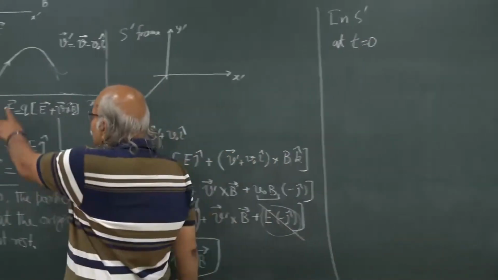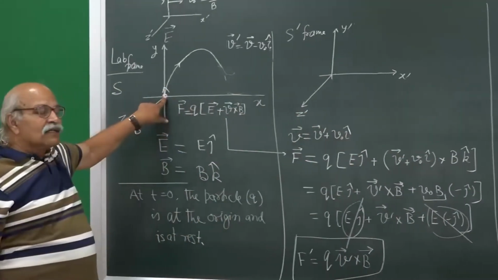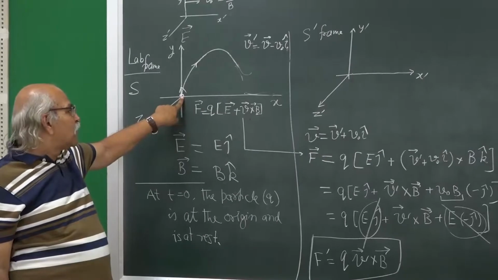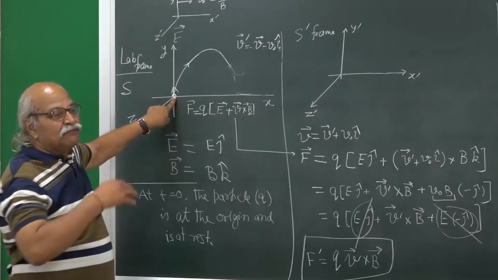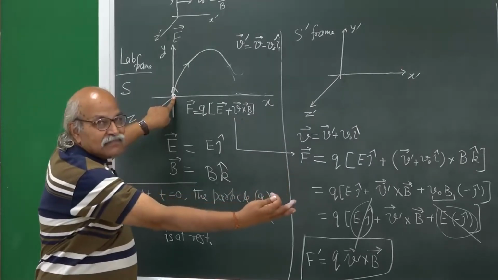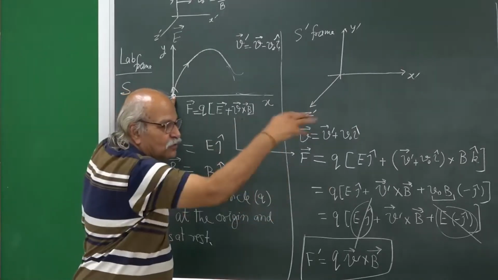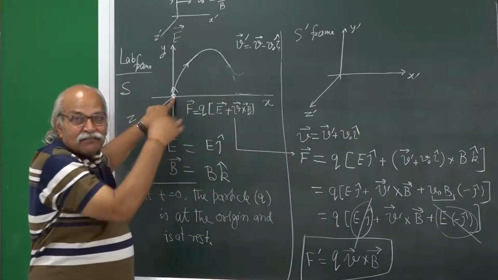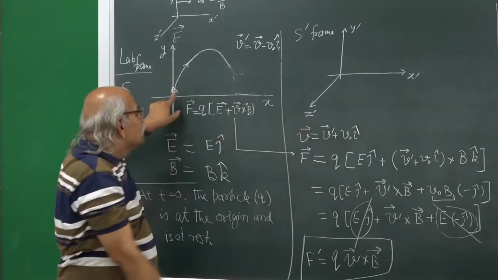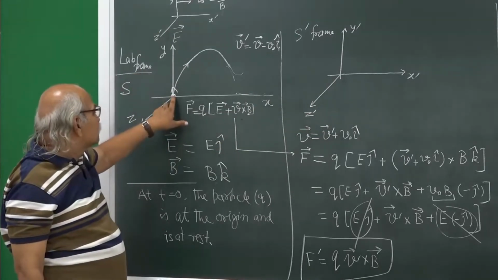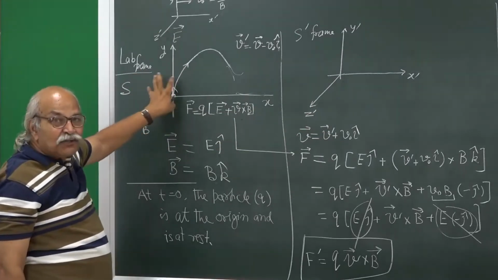It is at rest here. At t equal to 0, the particle is at rest at this origin, and if you view from S prime, which is itself going towards the right with respect to S, this whole S frame together with this particle is going towards the left.